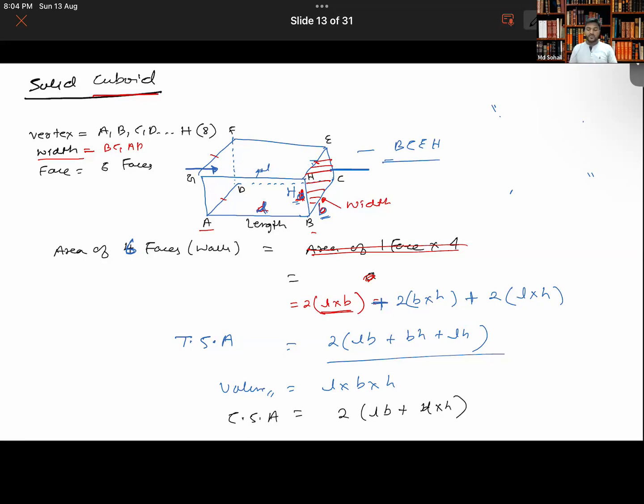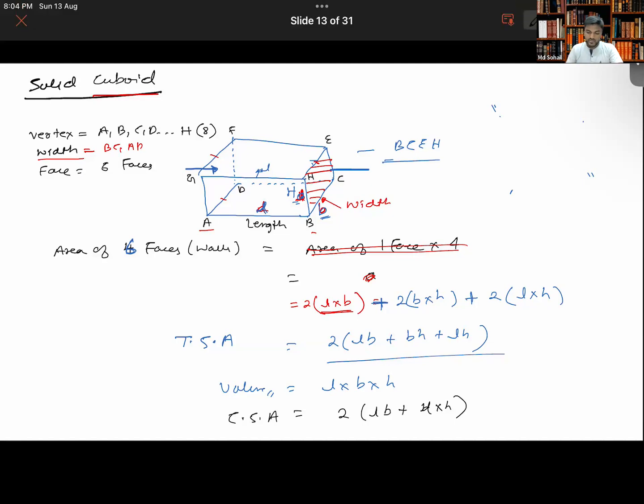So in this way, you can calculate it. Okay, take the screenshot, then we will move ahead.